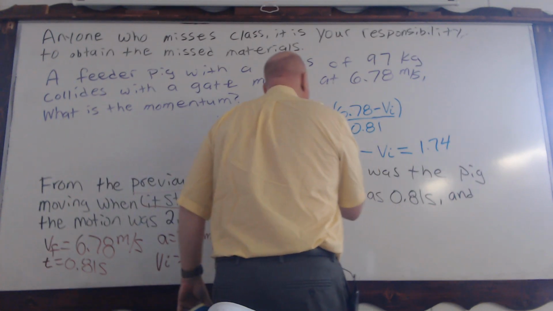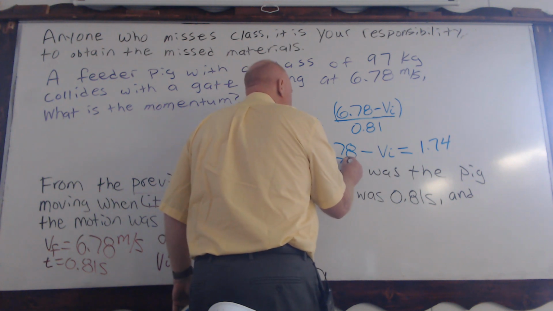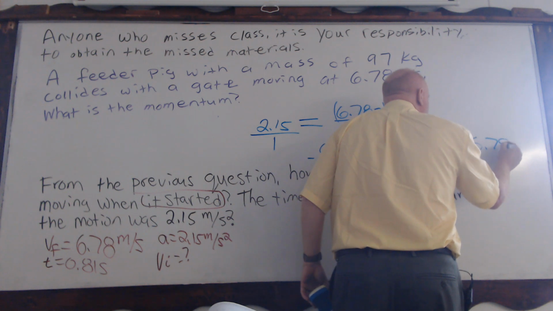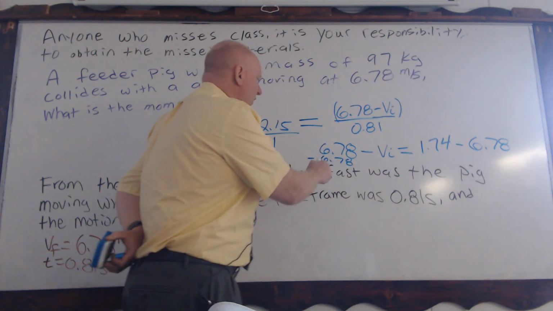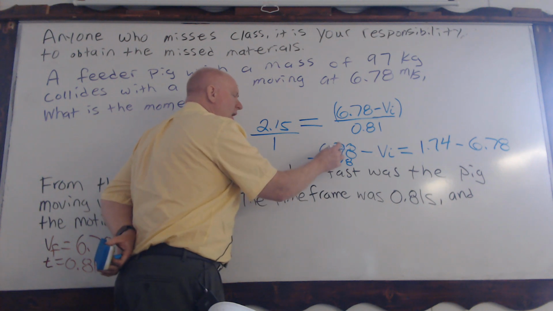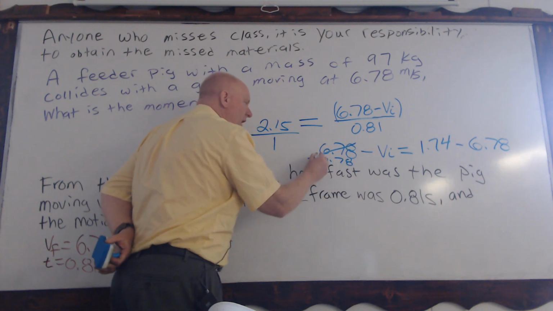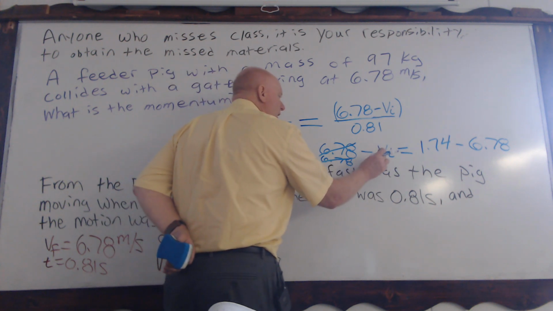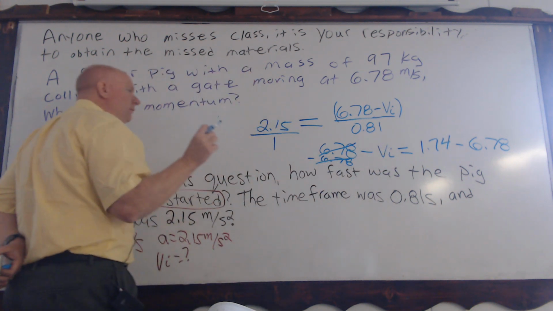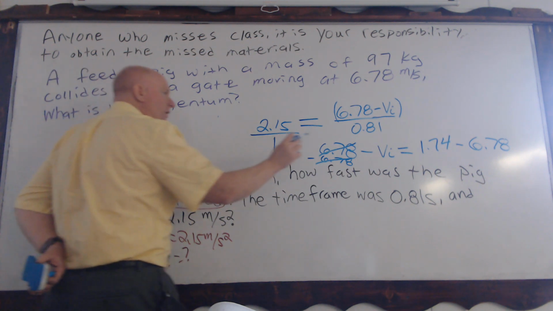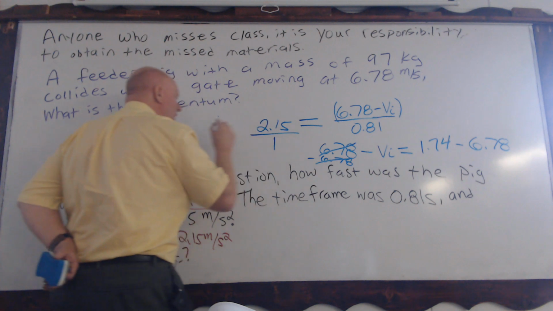So if we subtract this side, what happens to these two numbers? A positive 6.78 and a negative 6.78 will cancel each other out. So what does that leave on the left-hand side? Negative VI, that's important. So what's going to be on the right-hand side of that equal sign?